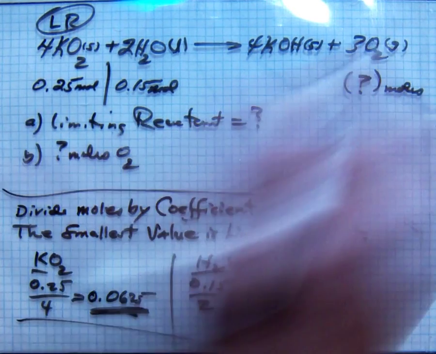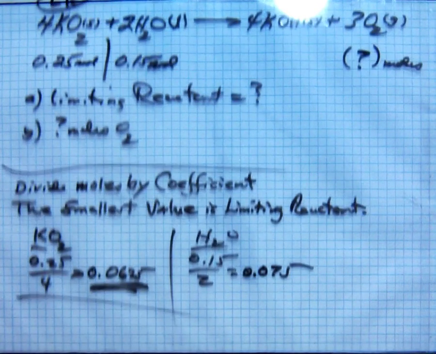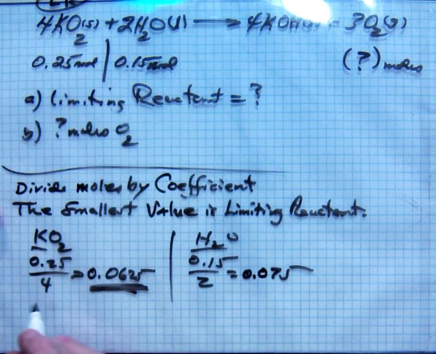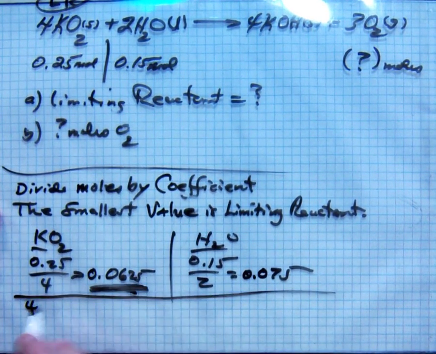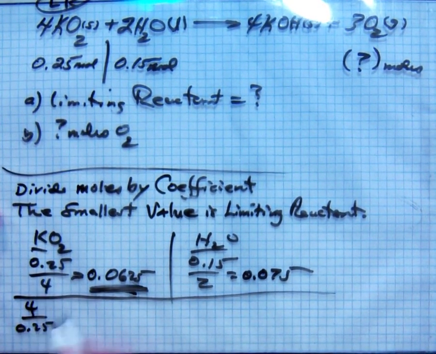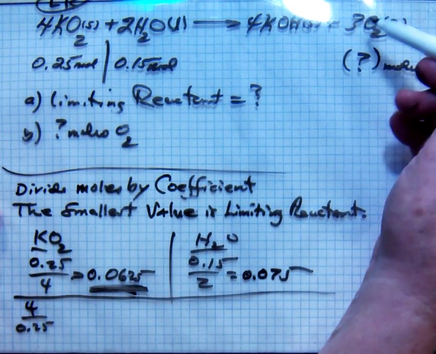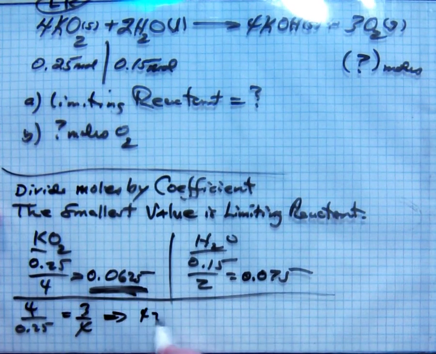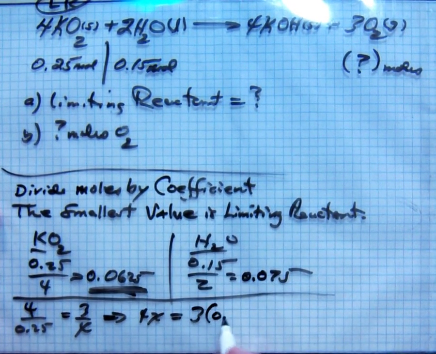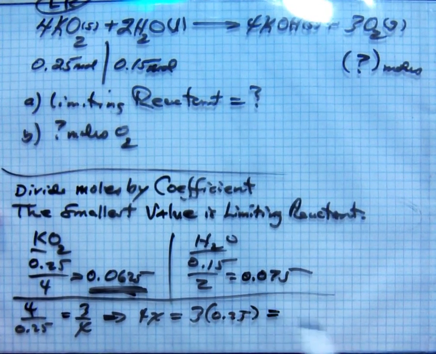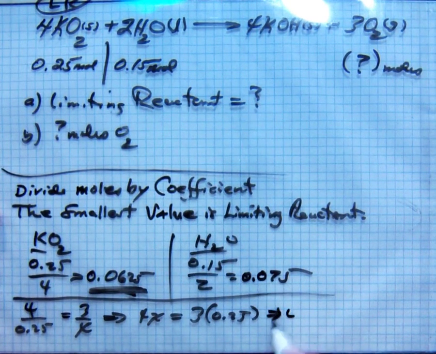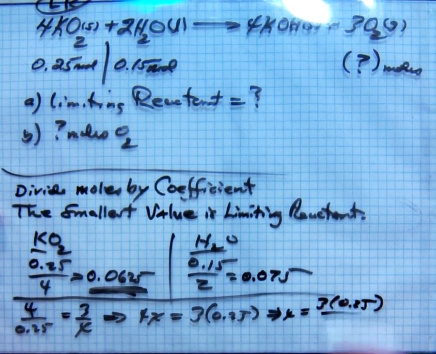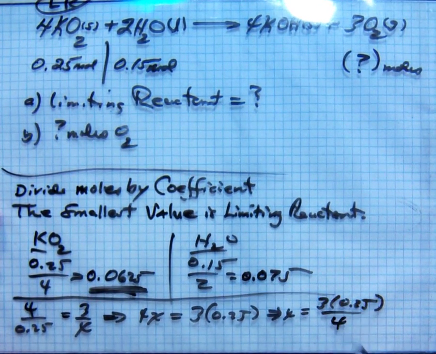Not excess, x. So that gives me 4x equals 3 times 0.25, and so x equals 3 times 0.25 over 4.